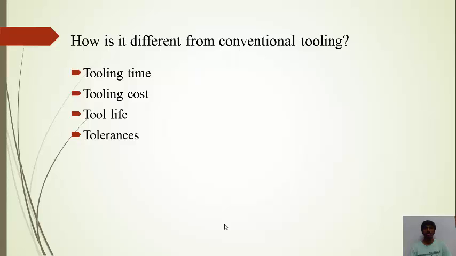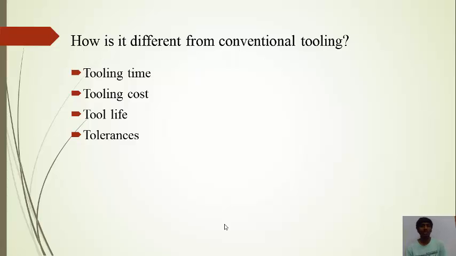The tooling cost. When coming to the tooling cost, if you have one mold and a number of components are manufactured, obviously we can reduce the tooling cost. Instead, in conventional machining, for every component we have to manufacture, we have to develop a new tool.